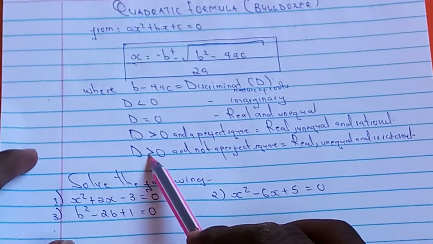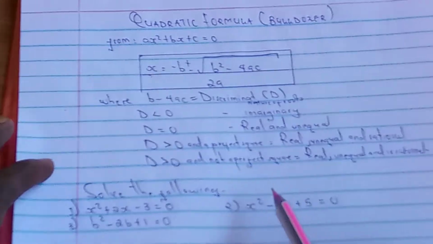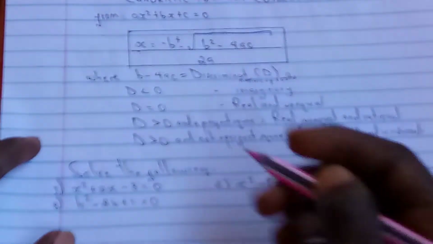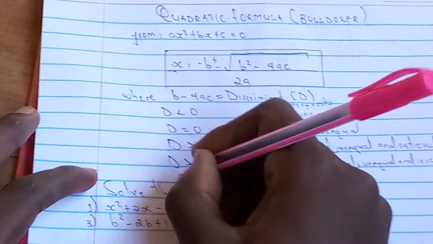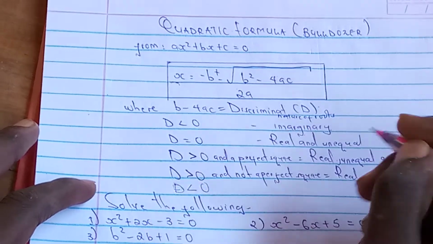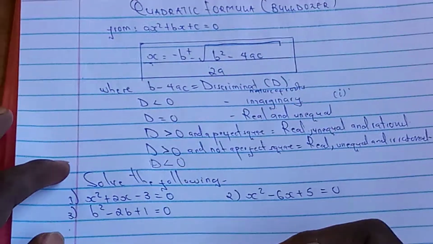If the discriminant is greater than 0 and not a perfect square, the roots are real, unequal, and irrational. In further studies, when the discriminant is less than 0, it forms an imaginary number, i, which we will see in complex numbers.